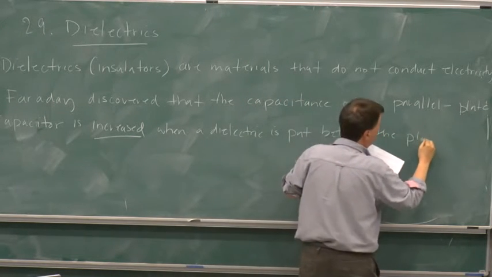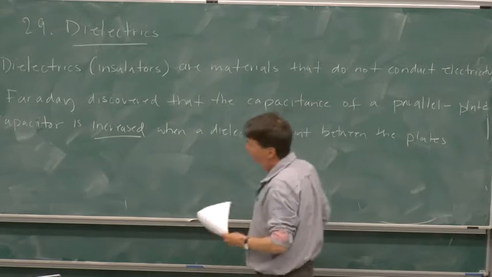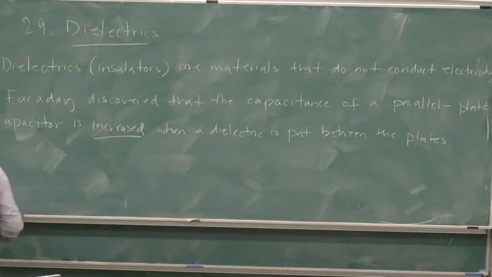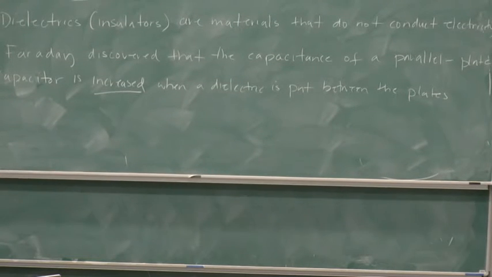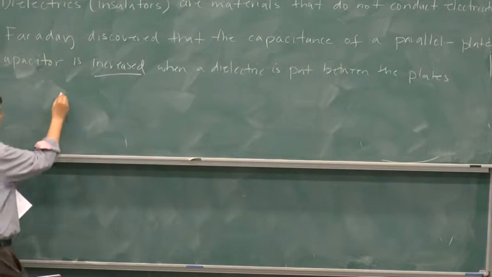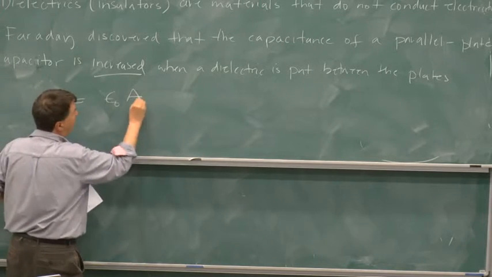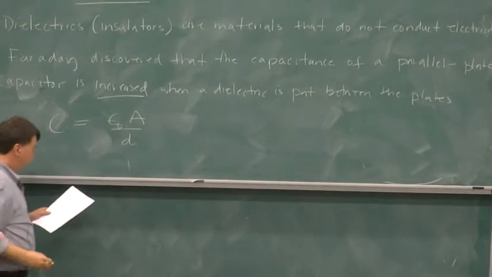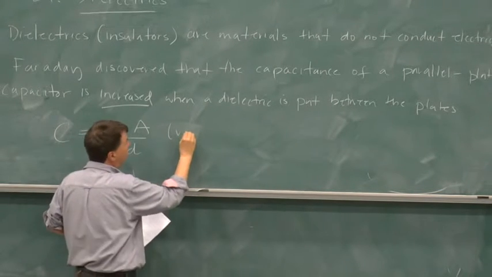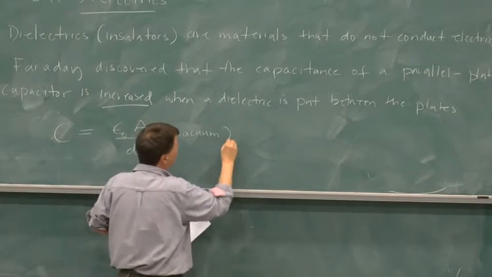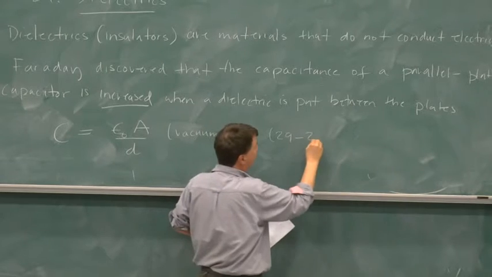So, again, this is the kind of thing that Kieran did with you last year in Year 1 electromagnetism. The capacitance of a parallel plate capacitor in a vacuum is epsilon naught A over D. Make that equation 29(2).